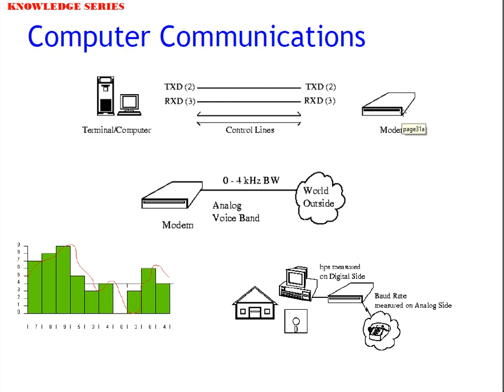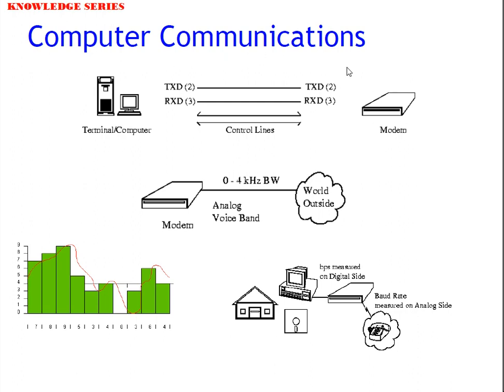It has to transmit. If you see in this figure, a terminal computer is shown, and on the other side a modem. Modem means modulator and demodulator. It is a hardware device used to convert the data into a suitable form. If you are connecting at home, you may have a modem connected to your LAN cable.